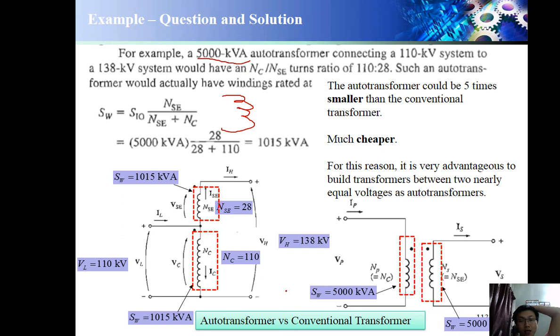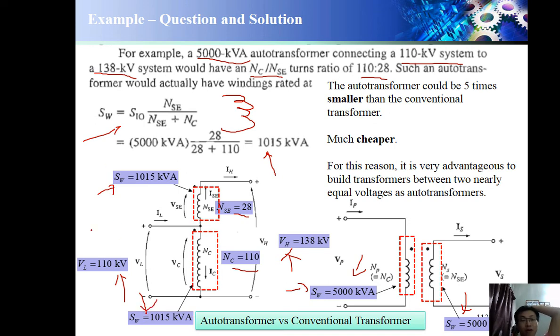It connects a 110 kV system to a 138 kV system, which is a step-up auto transformer, and would have NC and NSE turns of 110 to 28. Such an auto transformer would have a winding rated like this. So I use the formula and find this. We can see that the winding rating is only about 1015 kVA.